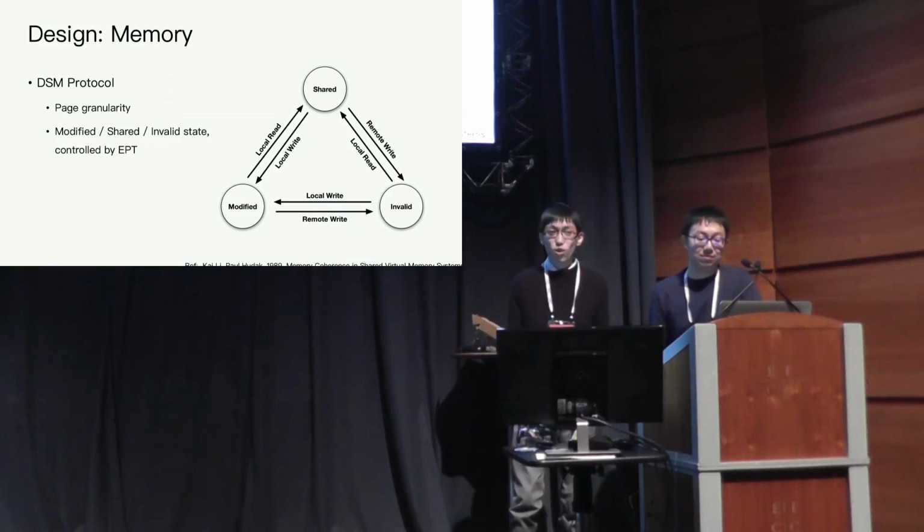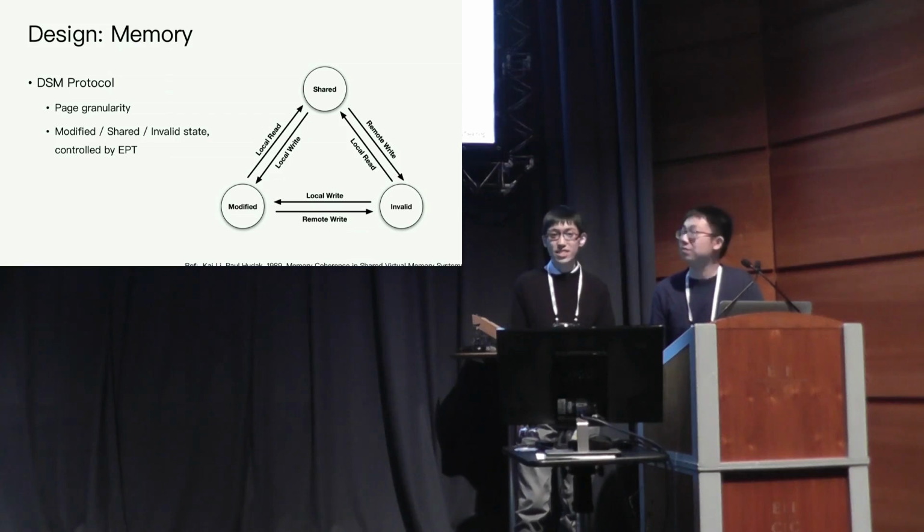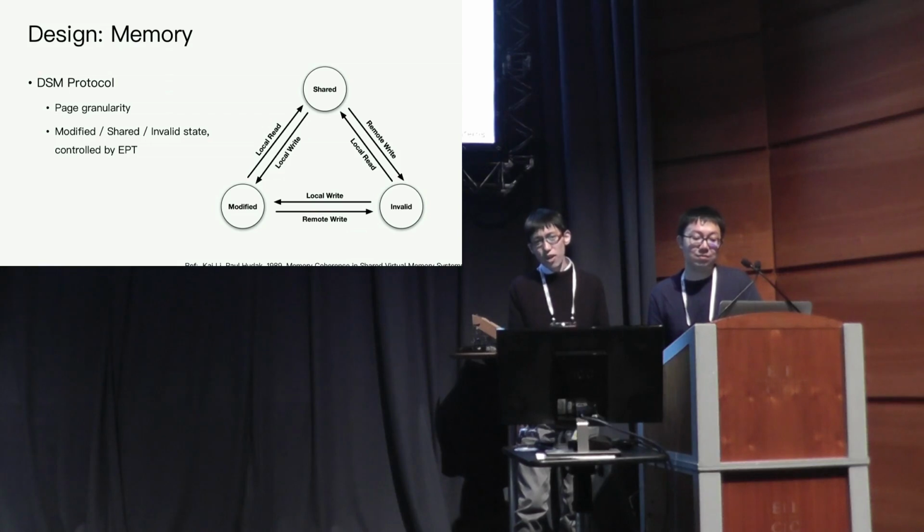As the guest is not hypervisor-aware, we cannot use explicit message passing to maintain consistency, or use modern DSM variants that allow or even enforce clients to do manual synchronization to improve performance. So this is the reason why we choose to use a classical DSM solution dating back to 1989. And we try to use an RDMA network to speed it up.